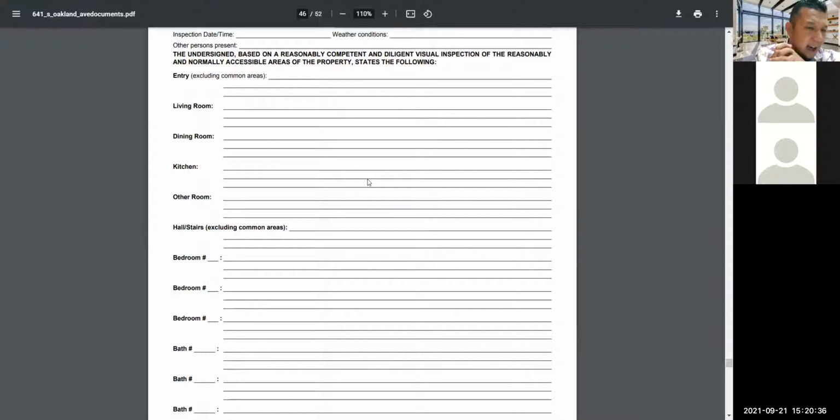Even if it's cosmetic, go ahead and write down dirty or scuffed walls, nail holes in the wall, cracked crown molding, carpet stains or urine stains on the carpet from pets or people. There are all these different things you're going to see when you come into other people's homes.